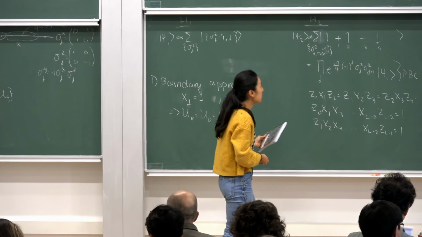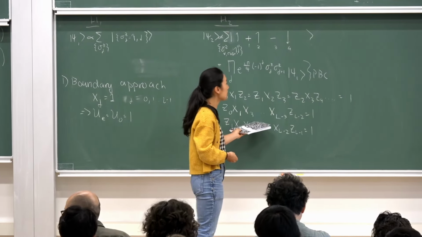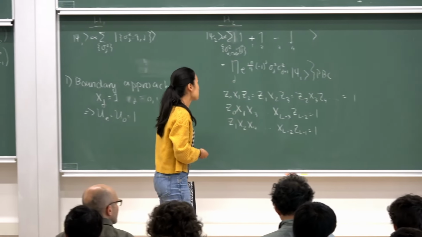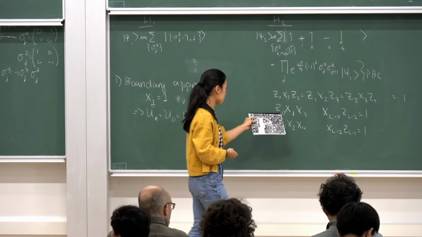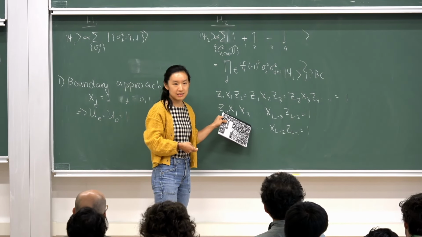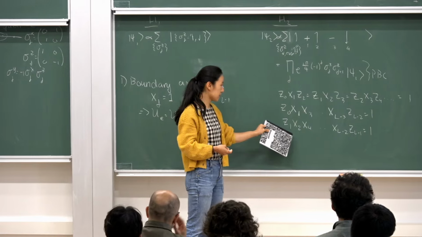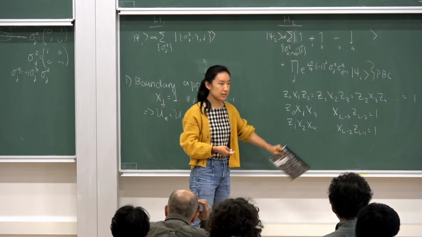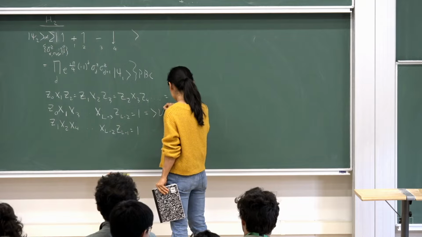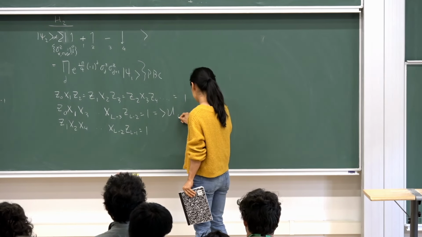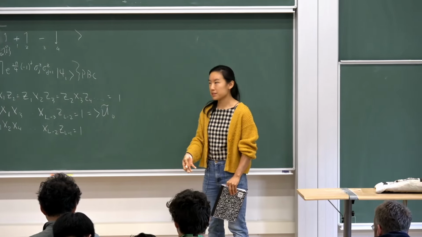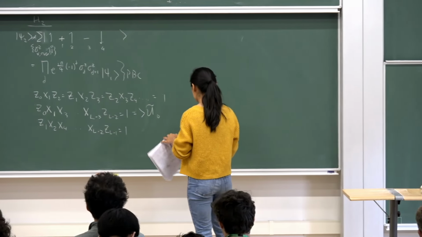So then what I can do is use this to simplify U even and U odd. U odd is basically a product of all these sigma x's on odd sites, and U even is also a product of these sigma x's on even sites. So what this implies is the effective U odd on states that look like the ground state in the bulk of the system is this.